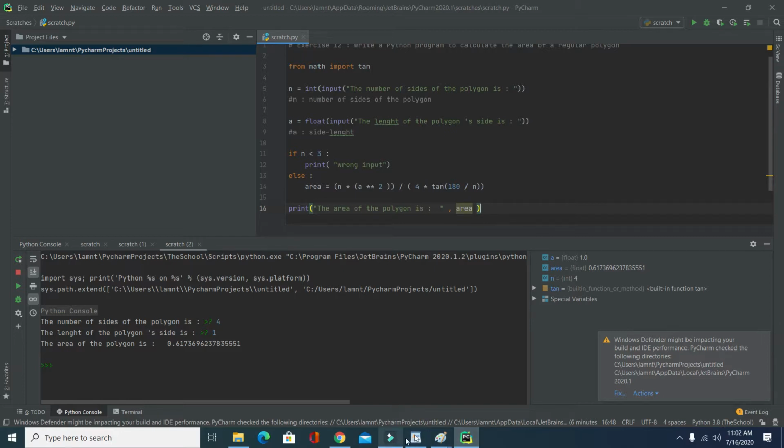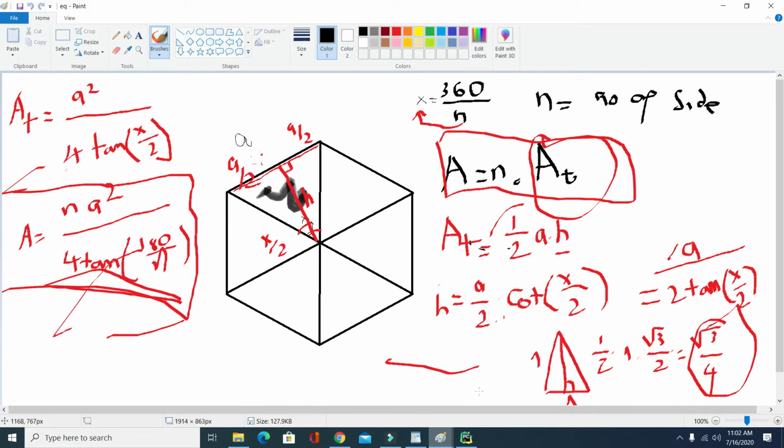Okay, so it works by radian. Yeah, so it is radian.